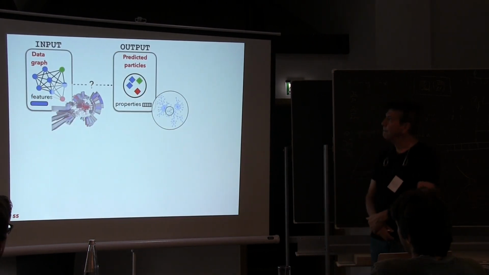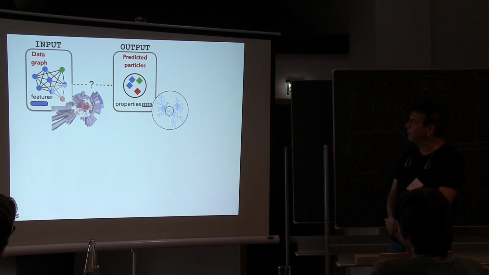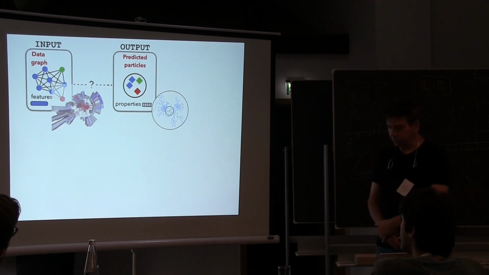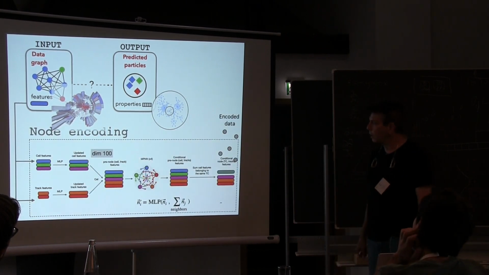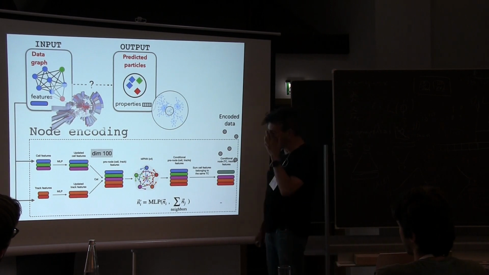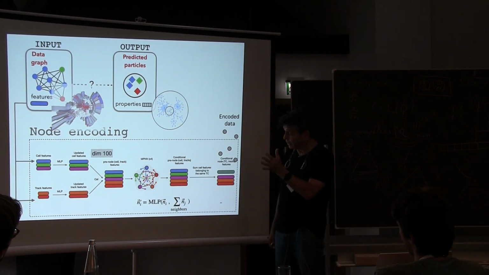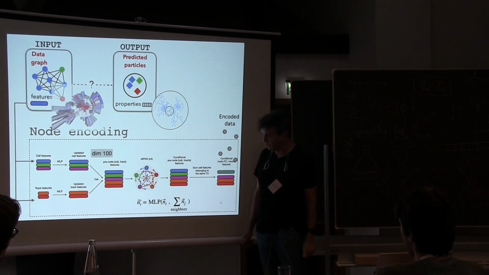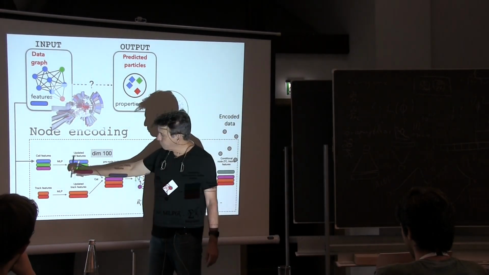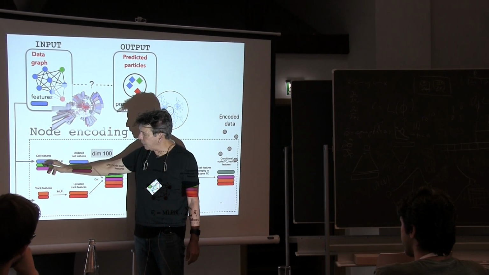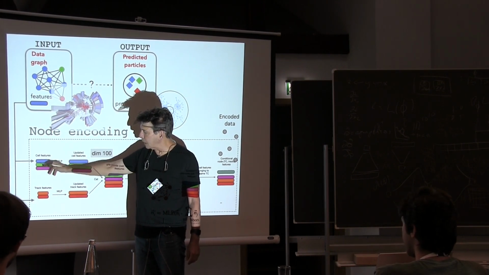So we have a data graph in the input. In the output, we want to predict the particles. That's what we want to do. So the node encoding is something you're familiar with in another context, but it's very similar to what we saw. We have the cells here, or the topo cluster, doesn't matter.